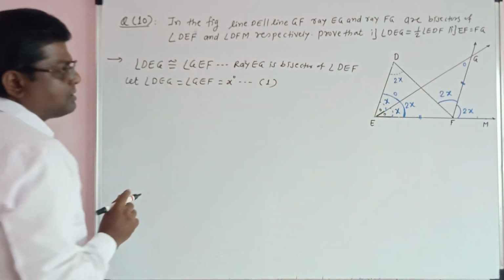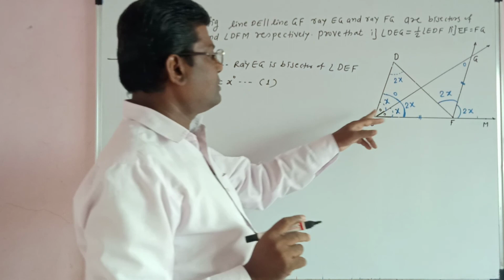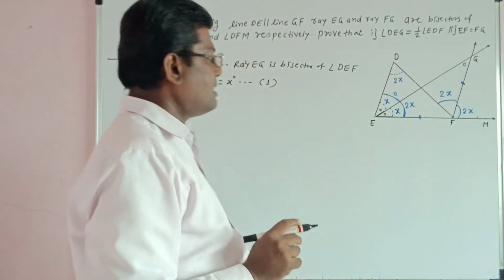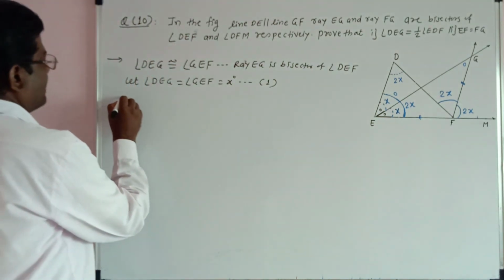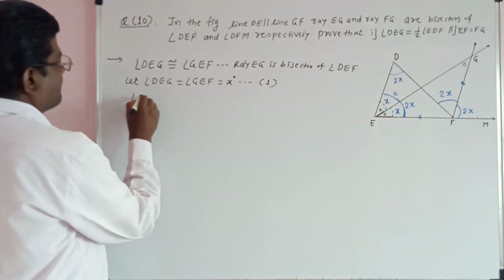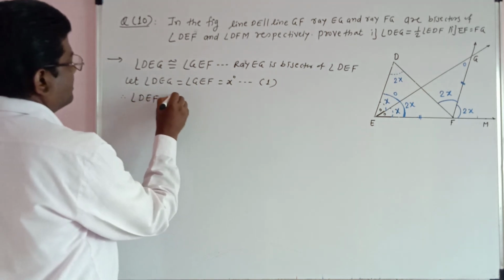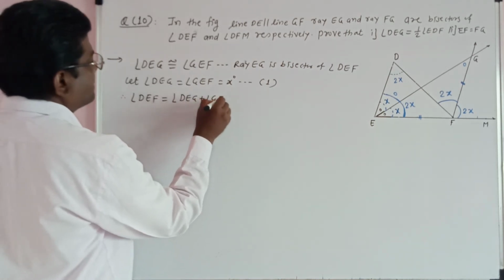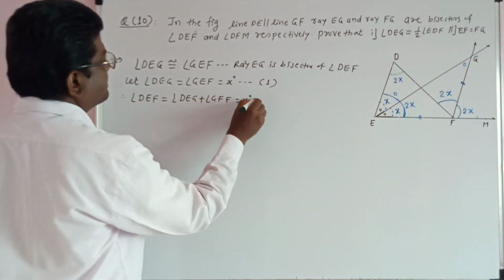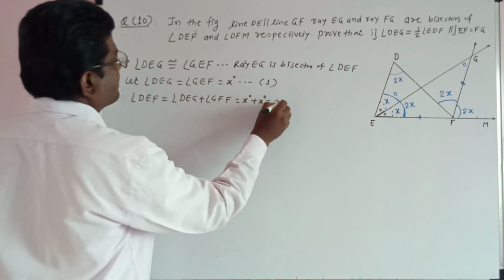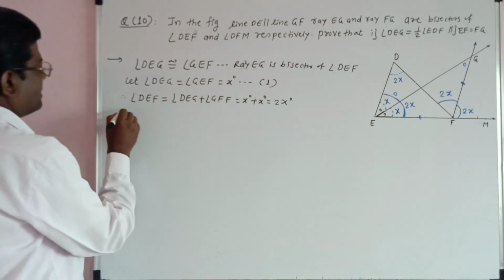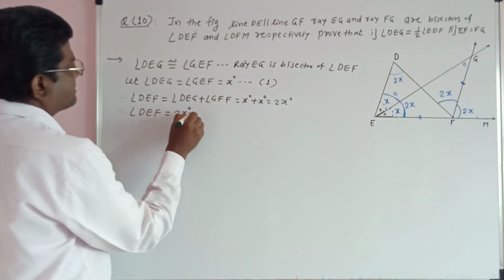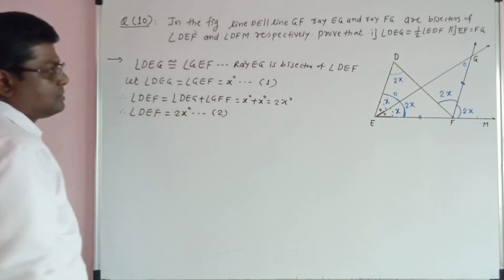This is equation number 1. So these two angles are equal. Let these angles be x. Therefore angle DEF is equal to angle DEG plus angle GEF, which is x degrees plus x degrees is equal to 2x degrees. Therefore angle DEF is equal to 2x degrees. This is equation number 2.